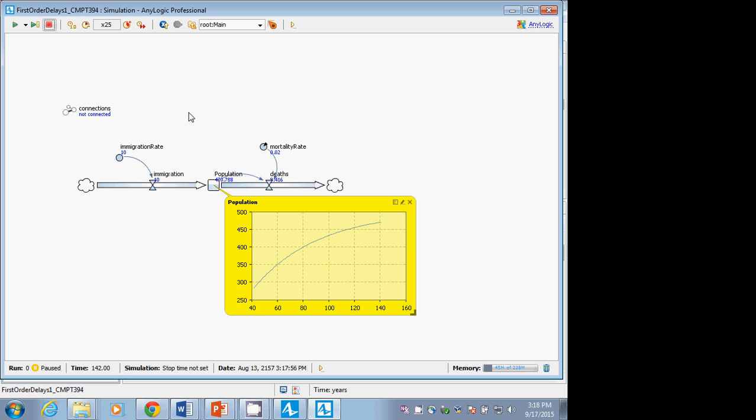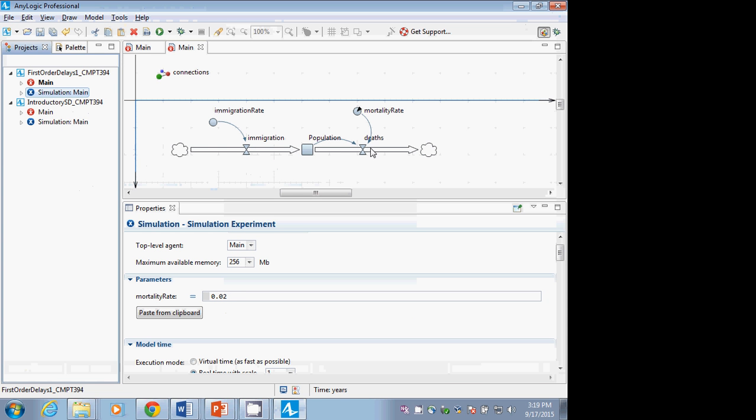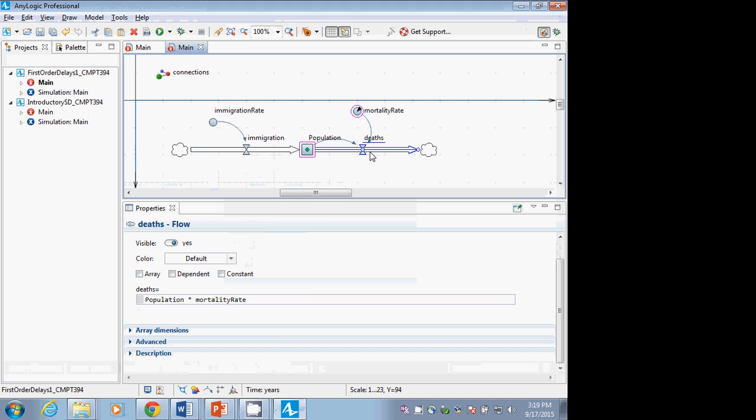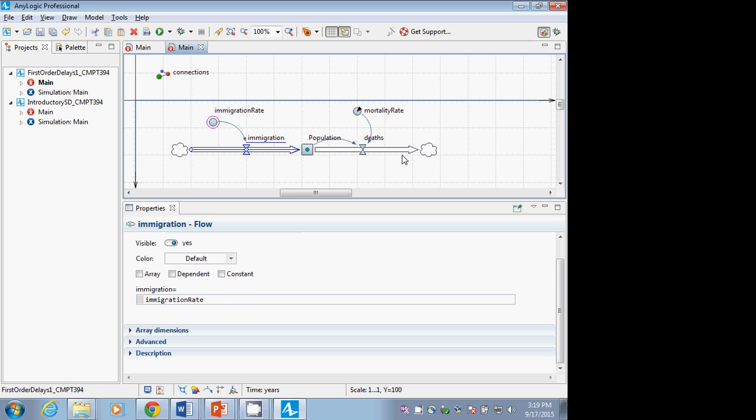Okay. So, ladies and gentlemen, I want you to riddle me this. To what point is this headed? At what point will it be in equilibrium? At what point will immigration equal deaths? Okay, so we have formulas here, right?